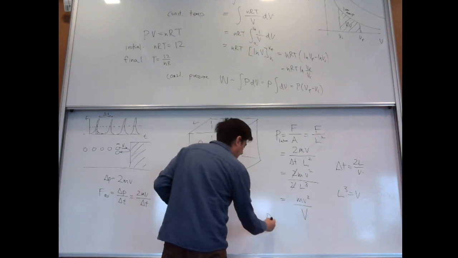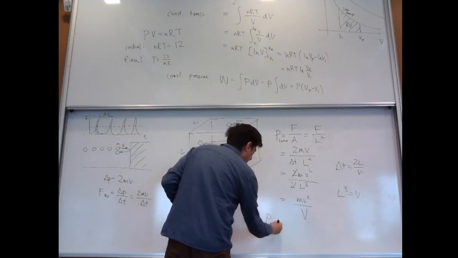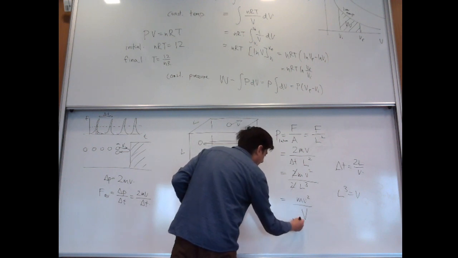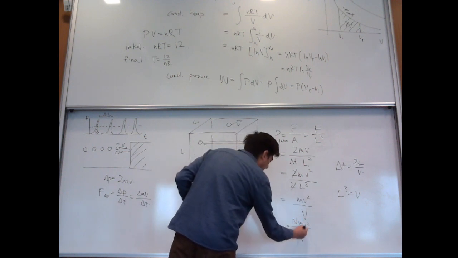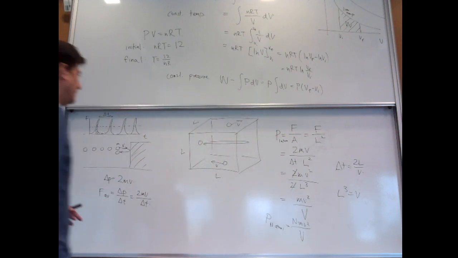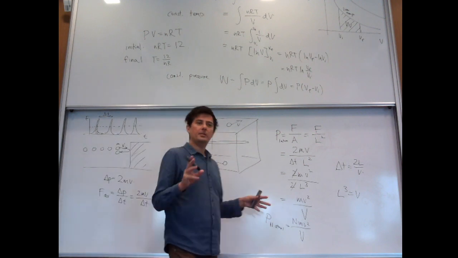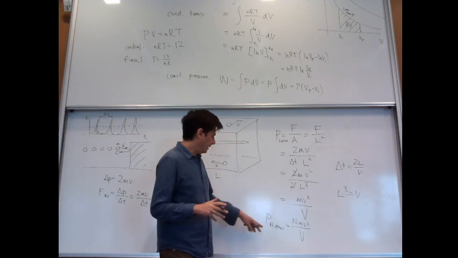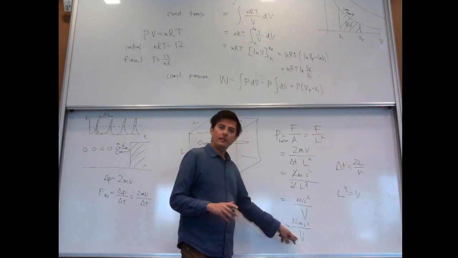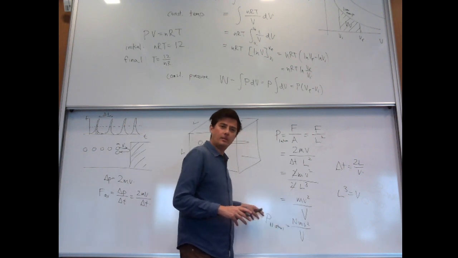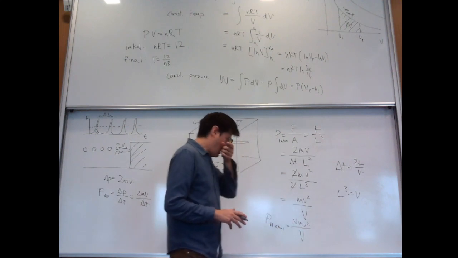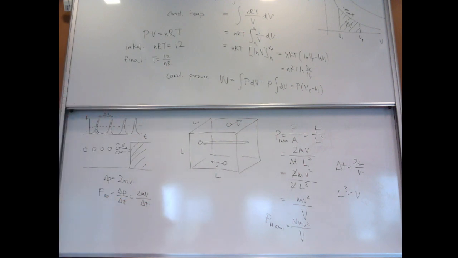So if I've got N atoms, then it should be N times mv squared over V. And this is looking good because we're trying to derive this PV equals nRT relation, right? And so we've got P now, we've got V, and if you put V on this side, it's going to be PV. And then now let's get our n.